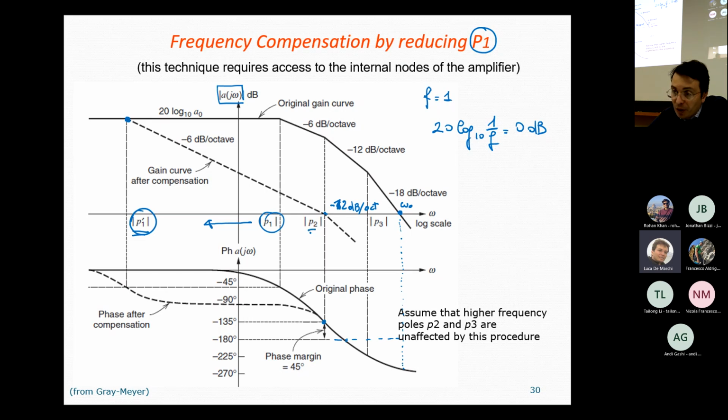So in P2 we hit the 1 over f curve, so P2 is coincident with the omega null curve in this case, and therefore we indeed have stability.